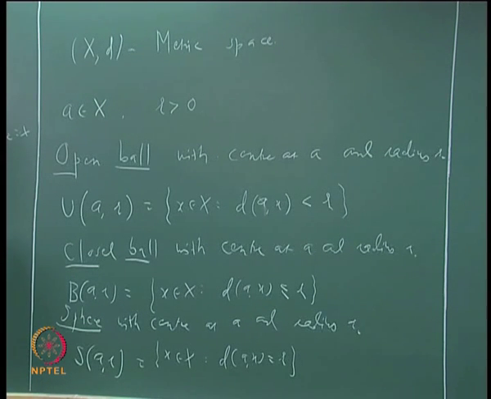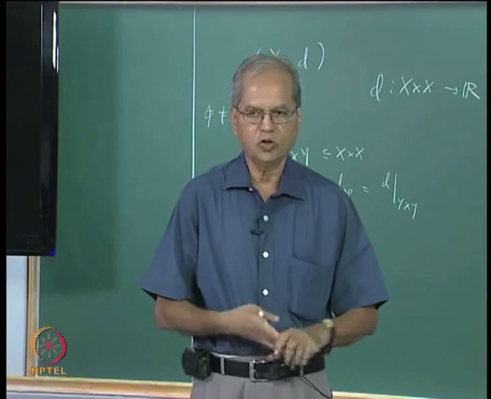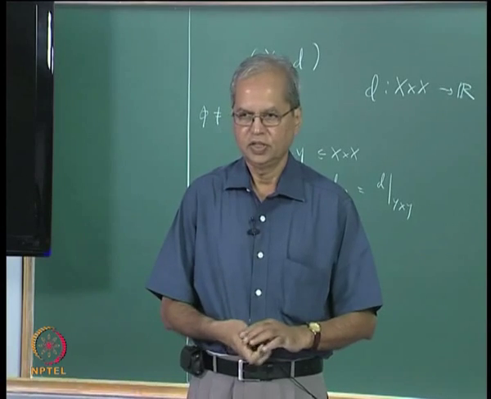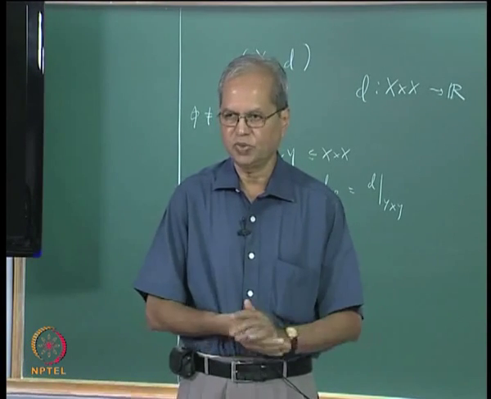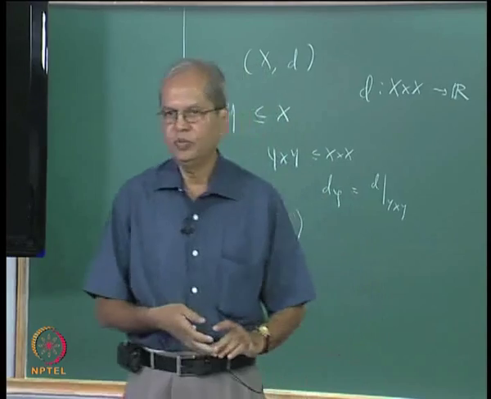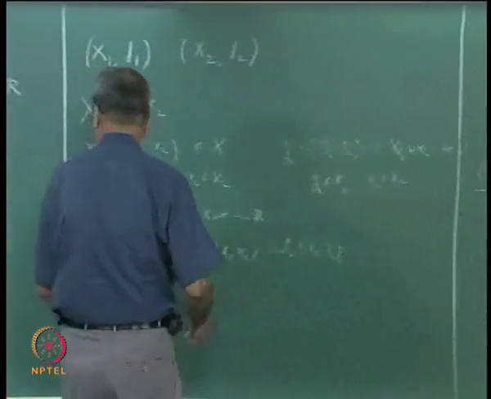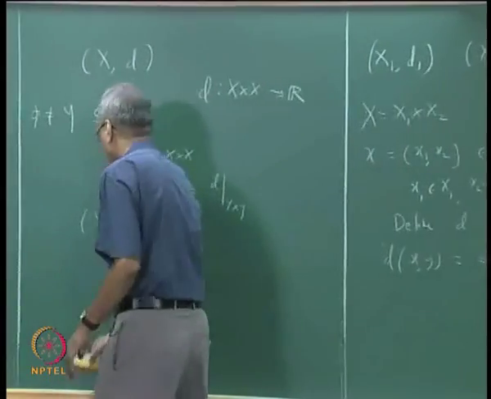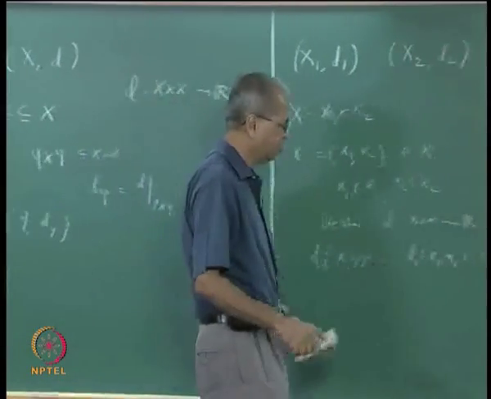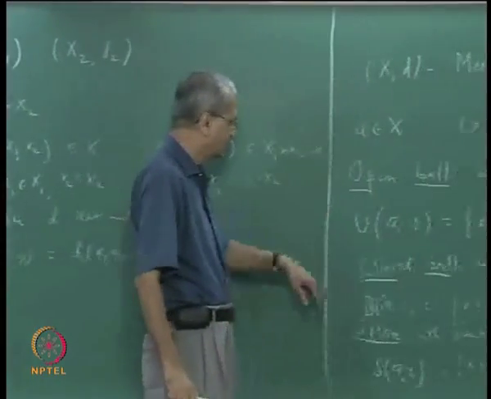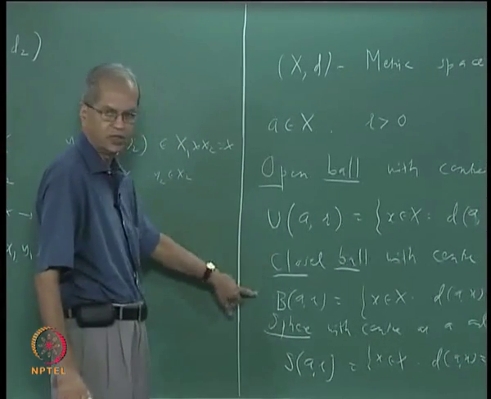Now though we have called these things open balls, closed balls, etc., these words balls and sphere may form some image in your mind, okay, but these sets may not look like that in various metric spaces. They will look like that in the standard metric spaces, but in an arbitrary metric space these open balls, closed balls can have any arbitrary look. Okay. One more thing I should say here, for example, from the definition it is clear that these two sets are non-empty.